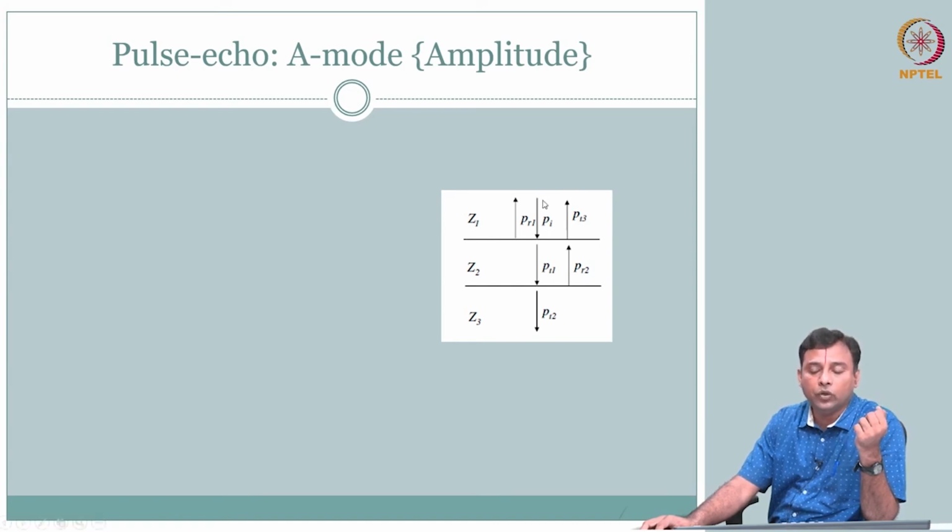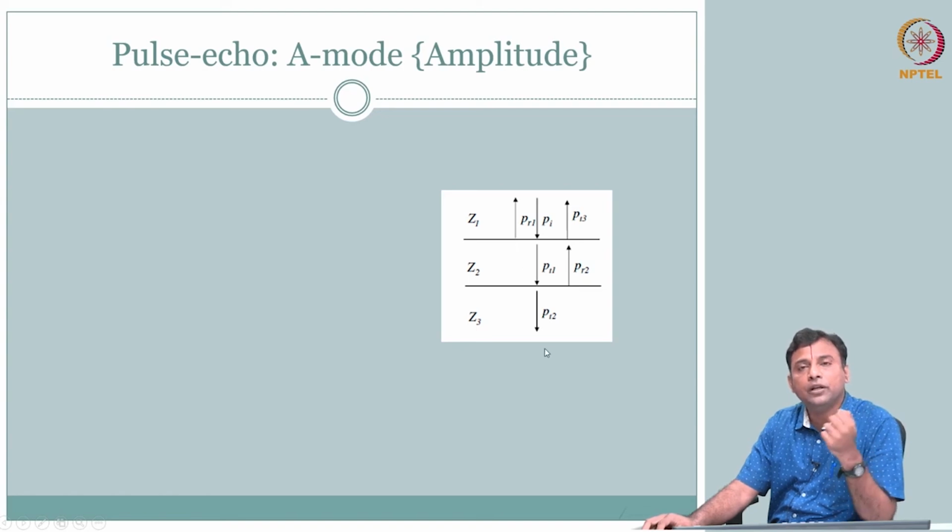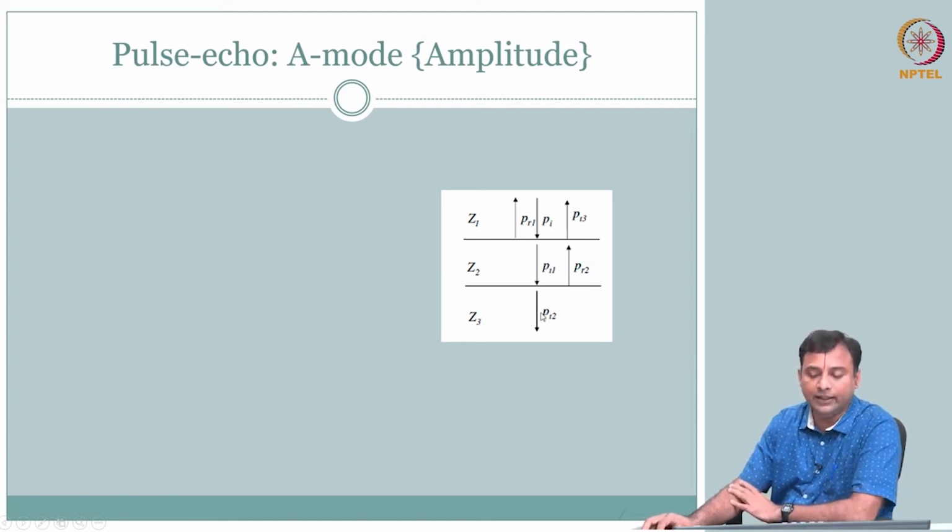Clear? Of course this is just amplitude written as P, but another factor you have to include is attenuation. This amplitude is reduced as you go with distance, with depth, so you can also add that. This can directly be used to assess where these interfaces are. That is the advantage.